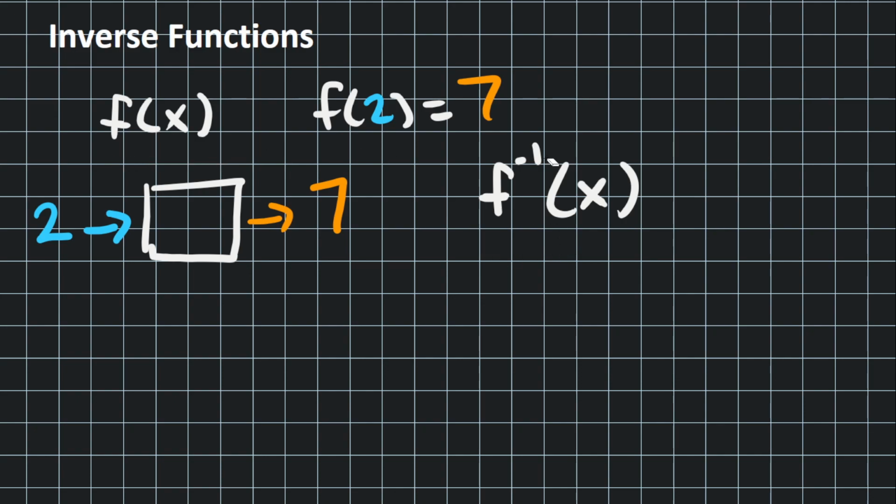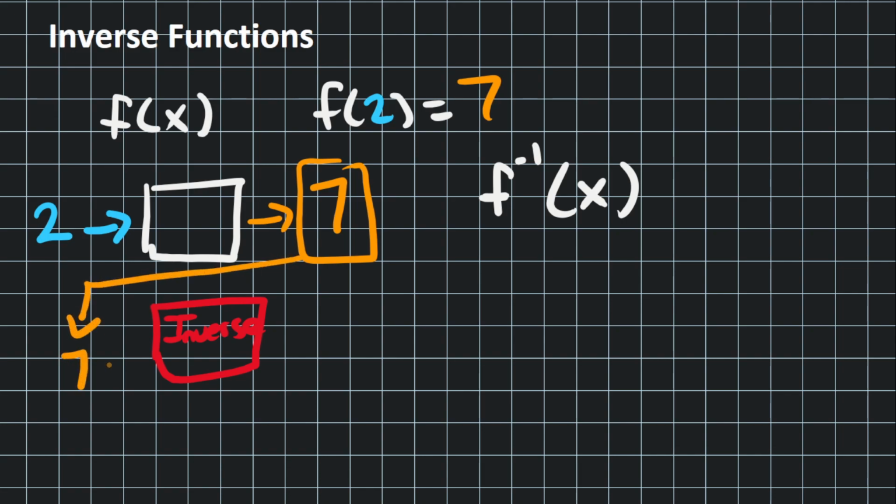What does that mean? Let's think of f inverse of x as another machine. We'll make it this red machine. This is the inverse function. We can take any output from f of x and put it in as an input into f inverse of x, and we will get an output out of it.